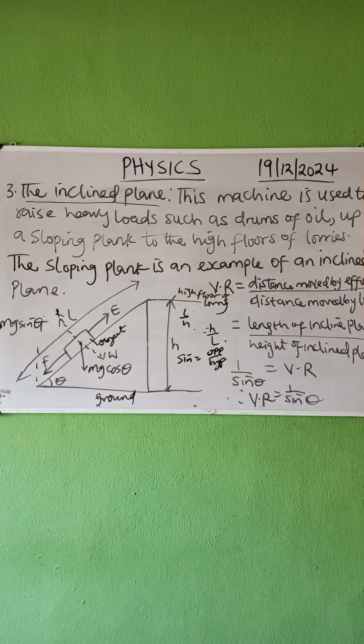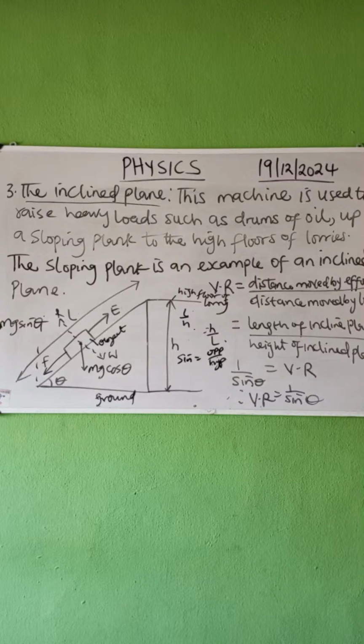No, VR is not always the inverse. It's just for this inclined plane, based on the way the diagram is. So in the inclined plane, the velocity ratio is 1 over sine theta just because of the way the diagram is. Look, sine theta is opposite over hypotenuse, and the opposite to this angle is H, while the hypotenuse is L. But velocity ratio is distance moved by effort over distance moved by load.